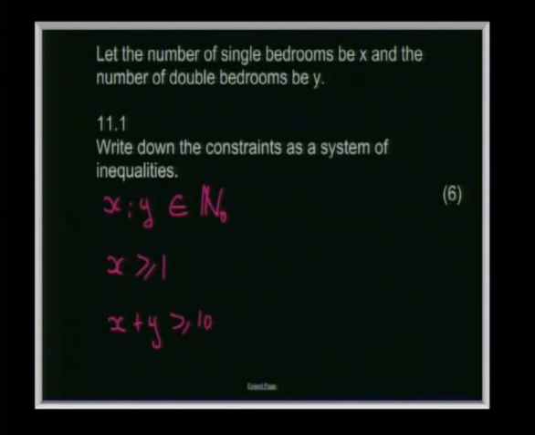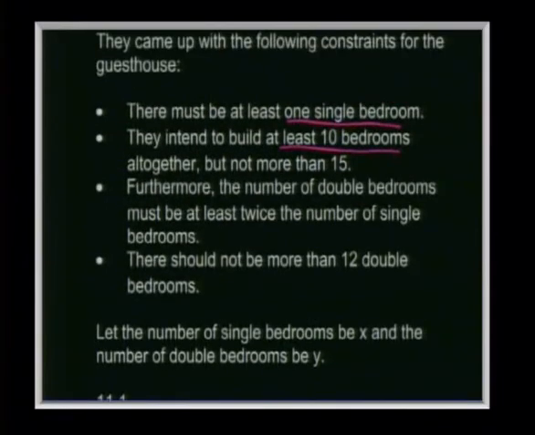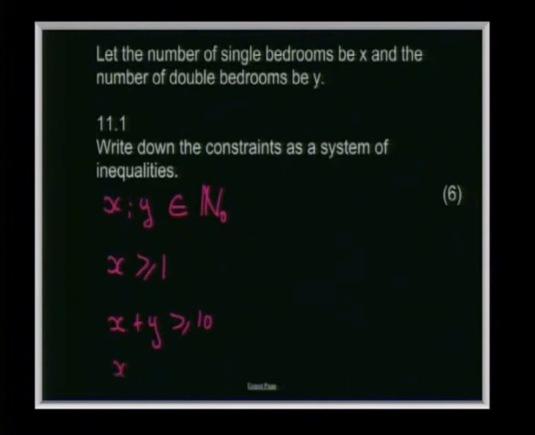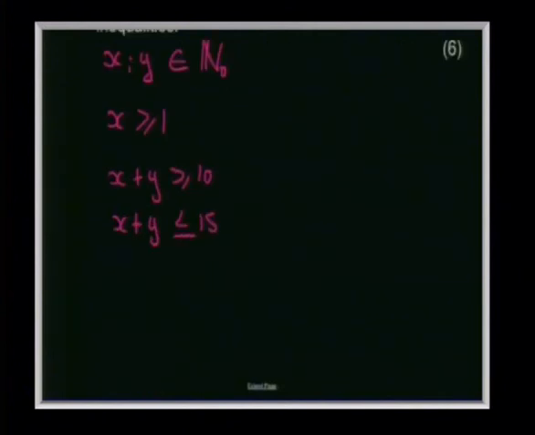At least means can be 10 or bigger. Let's have our next constraint. But not more than 15. So we can't have more than 15, so we've got to be less than or equal to 15. 4 constraints so far, one of them implicit.